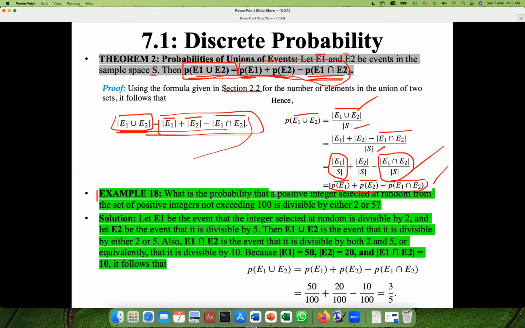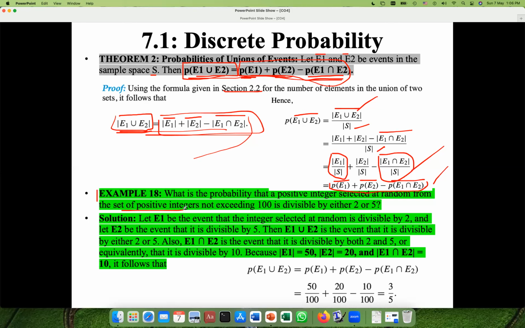What is the probability that a positive integer selected at random from a set of positive integers? You have a set of positive integers starting from 0, 1, 2, 3, 4, and so on. You have to select some number from it.